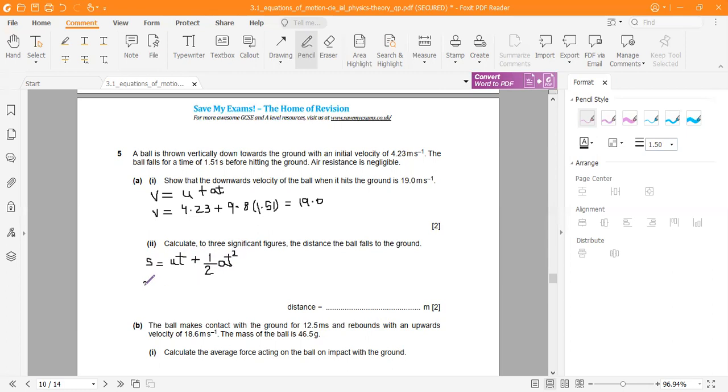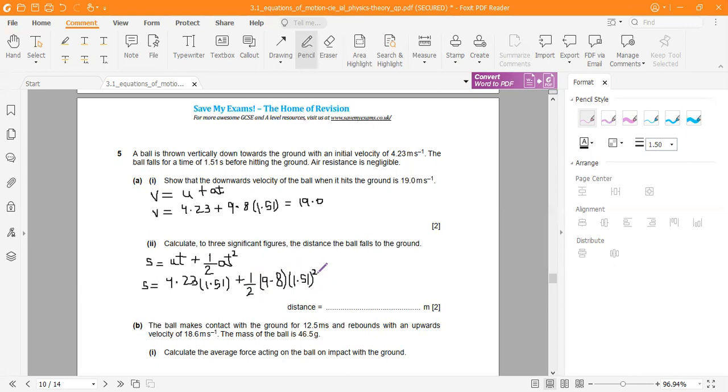What is U? U is basically 4.23. What is T? 1.51, plus one half. What is A? It is 9.8, times T square. So that is 1.51 whole square.